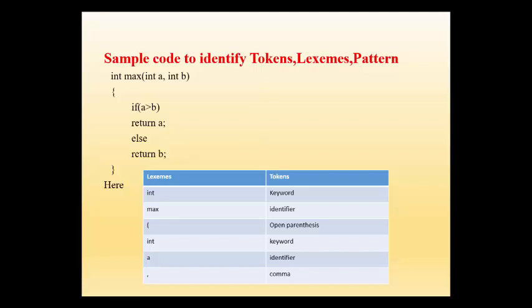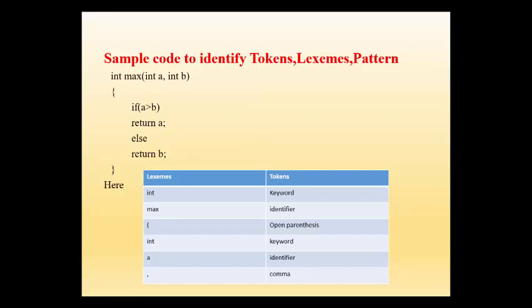In this sample code, int is a lexeme, max is a lexeme, open parenthesis is a lexeme, int is a lexeme, a is a lexeme, comma is a lexeme, and so on. So each and every set of characters is treated as a lexeme.